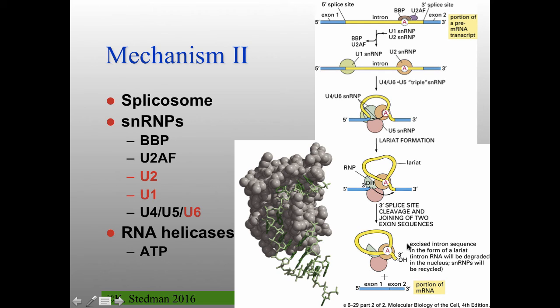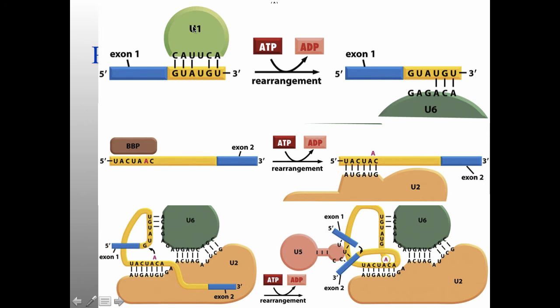This, in and of itself, cutting phosphodiester bonds, making phosphodiester bonds, cutting, making, there's no energetic change that happens there. The energy that you need for splicing has to do with changing base pairing interactions. And that was what, I think, I did a horrible job of explaining.